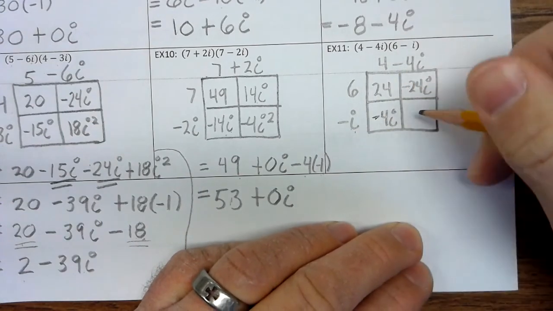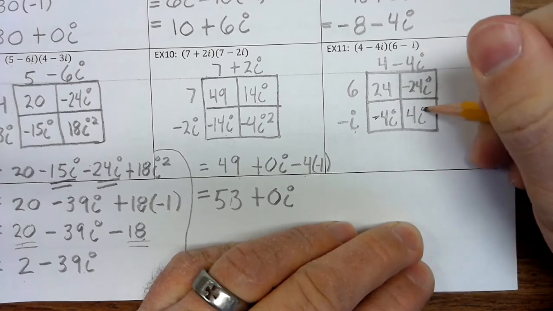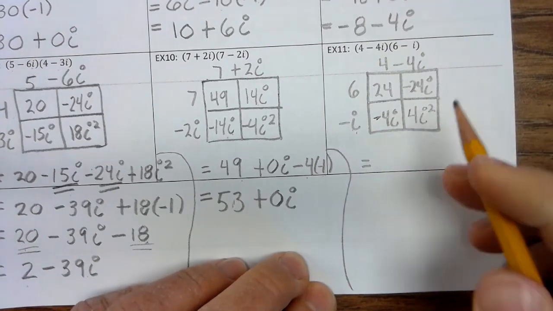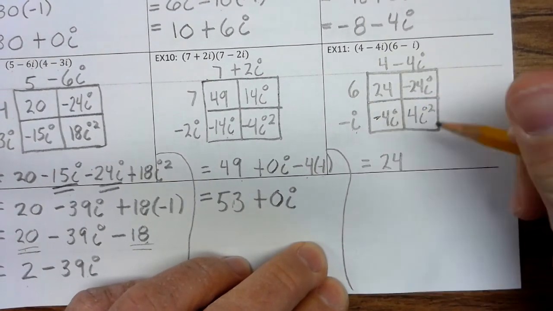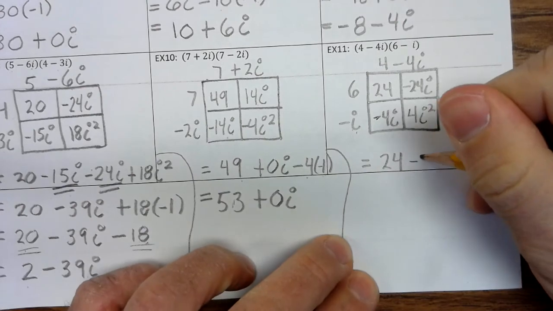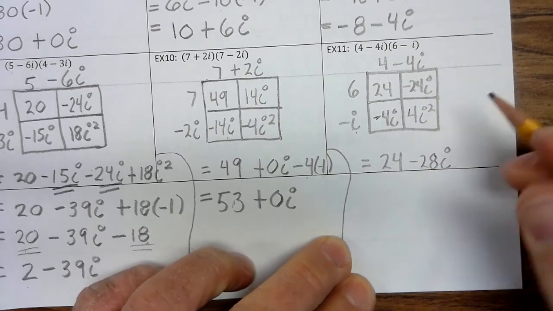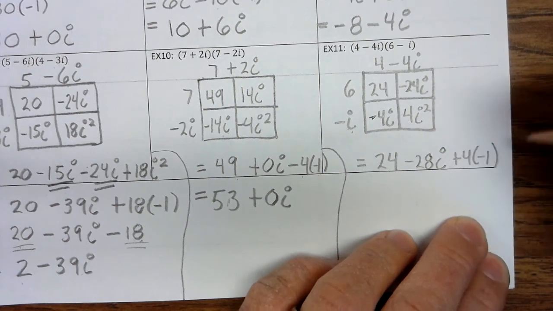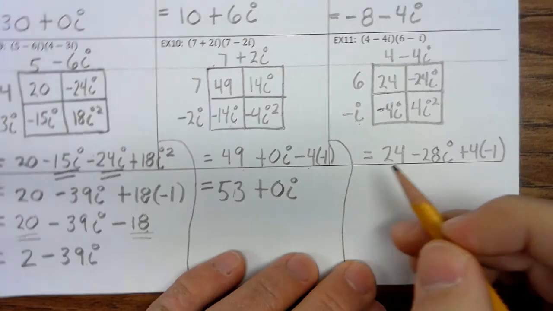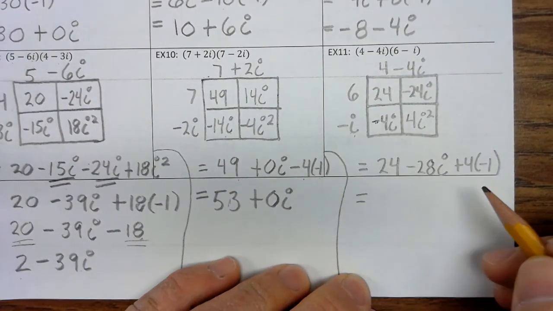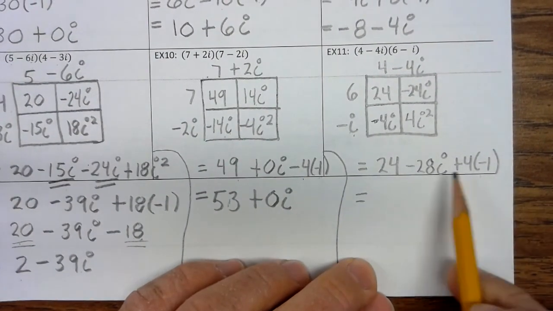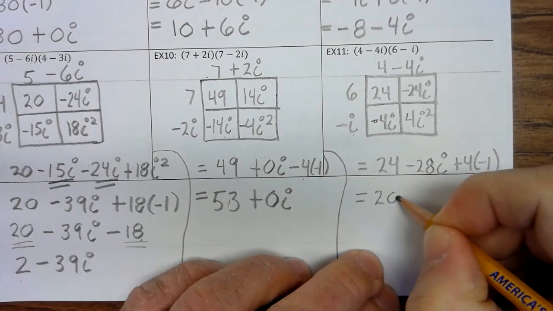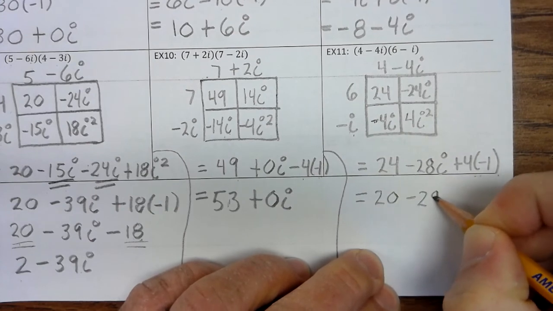Negative times 4 is a positive 4. I times I is I squared. So you have 24. Again, you can combine terms here, so that's negative 28i. And then plus 4 times I squared, which is negative 1. So then you have 20, well, we can combine terms here. So that's technically negative 4. So 24 minus 4 is 20. And then minus 28i.